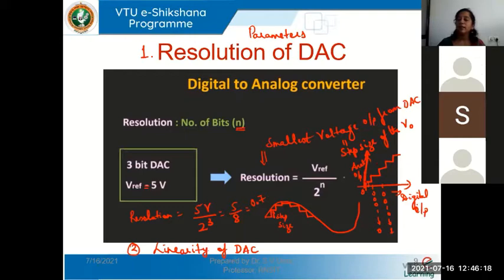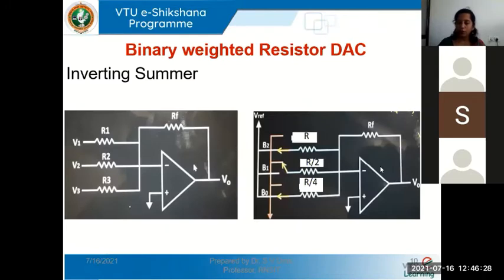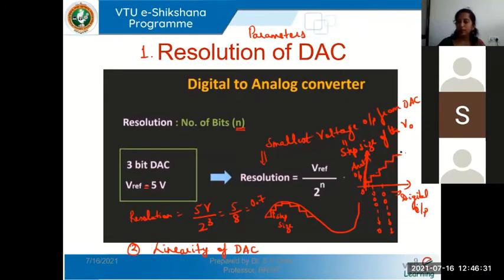Whereas linearity is a measure. Say I join all these points using a straight line. Instead of joining them using a staircase waveform, if all the corresponding analog voltage points here were joined using a straight line, I would get a straight line like this.